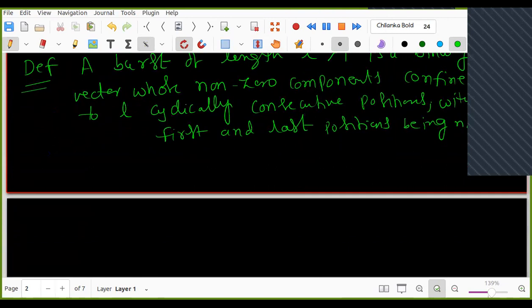Okay, I'll explain with one example so that it will be clear. Look at this: 0011, then 01, followed by 4 zeros. Can you tell me what is the burst and what is the length?